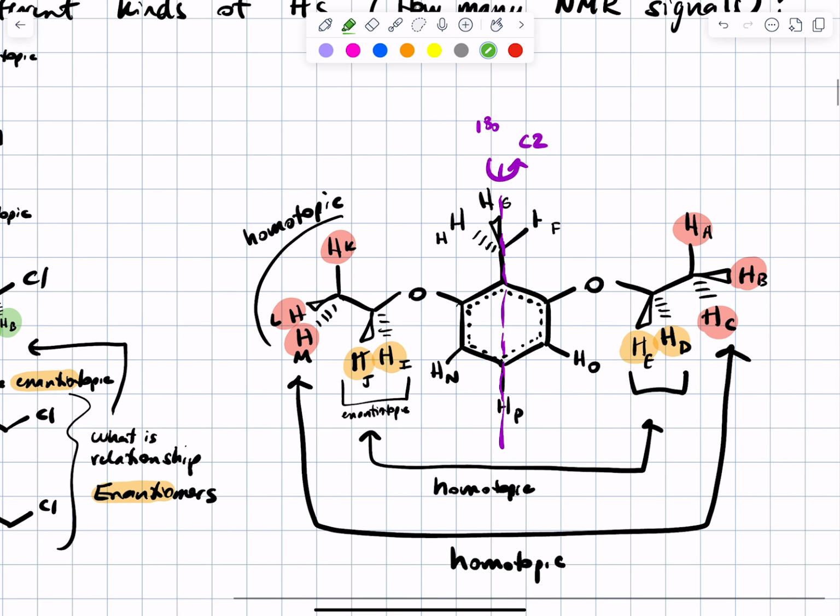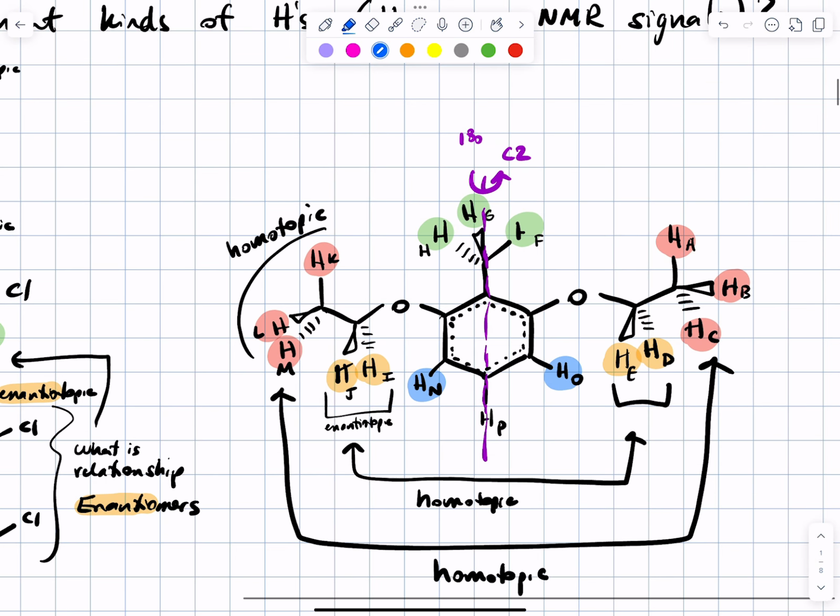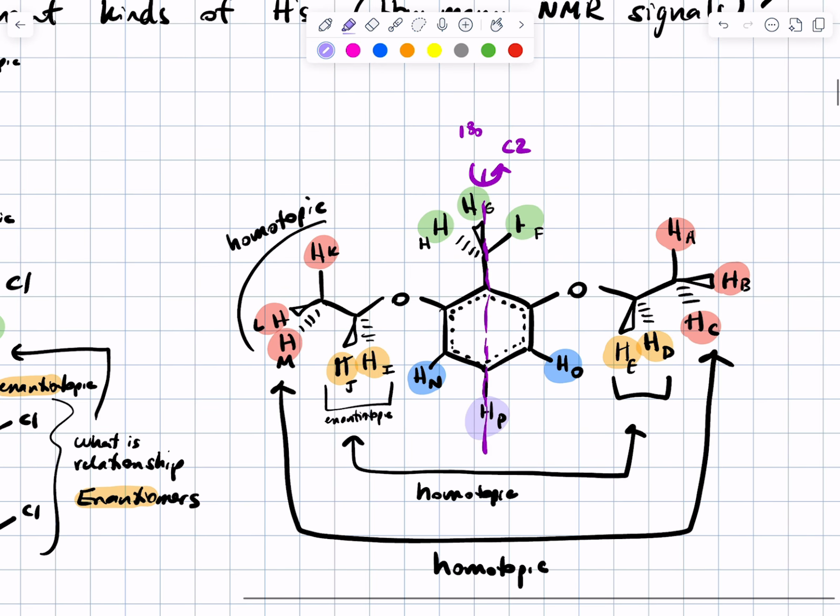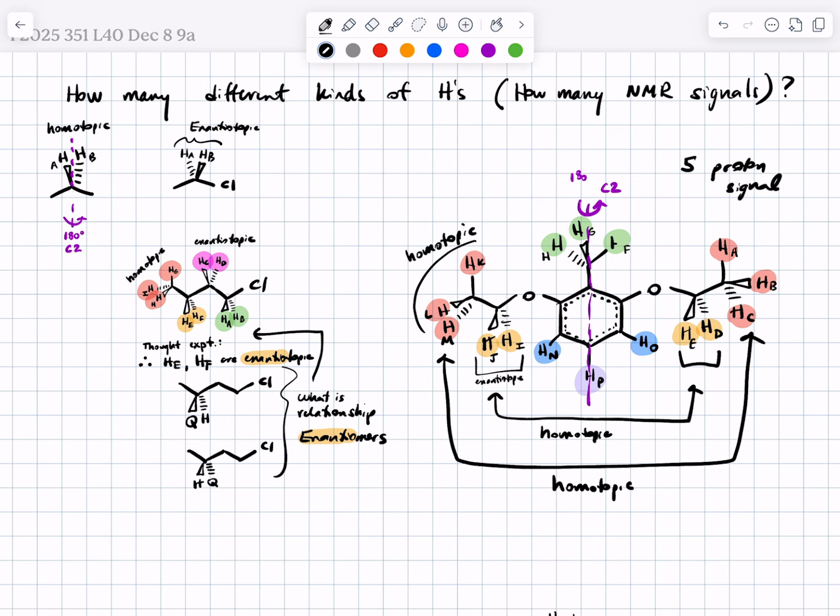We could similarly say that these 3 protons on the methyl group are identical, that these 2 protons on the benzene ring are homotopic, and HP would just be its own thing because it's not identical to any other proton. So we'd say 5 different kinds of protons, 5 different NMR signals for this molecule.